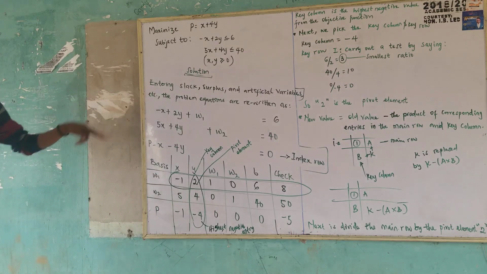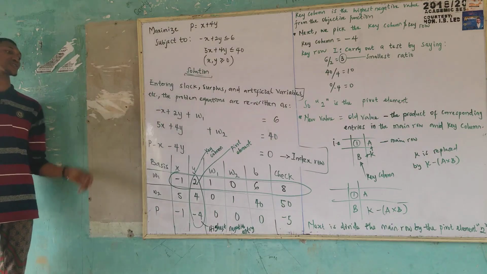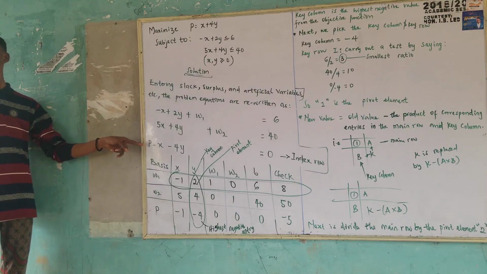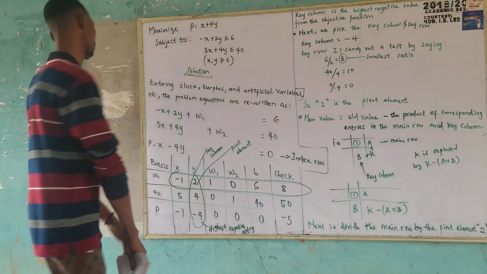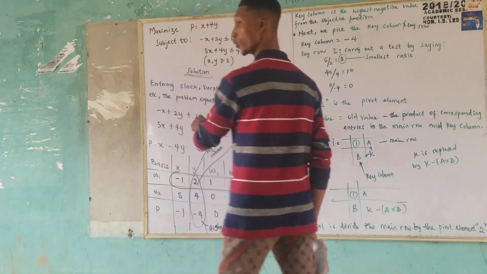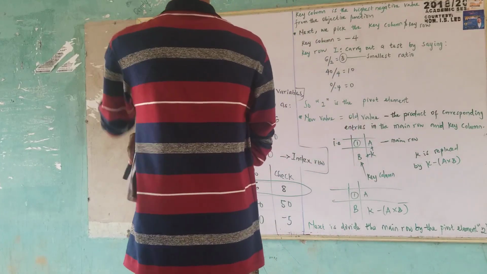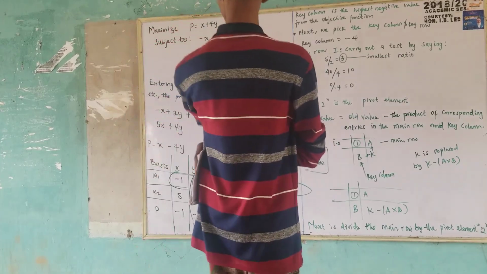If I look at this equation from this side, I'm going to have W1, W2, and P, if I remove the x and y. Now if I look at it from here, I'm going to have x, y, W1, W2. Adding another one here, I'll put it there.